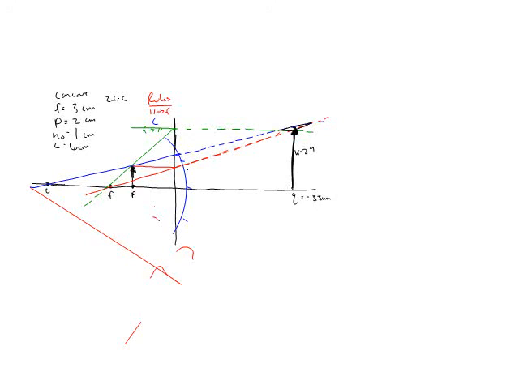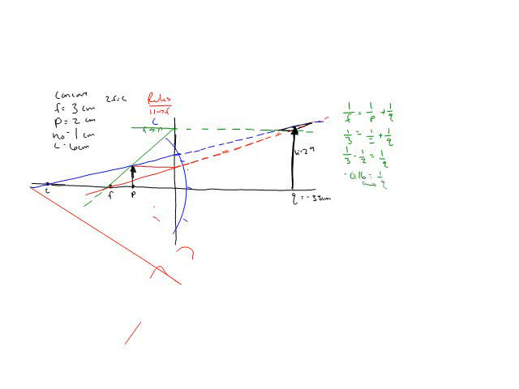Okay, so let's do the math. Let's make sure that we didn't make any mistakes. I'm a little concerned that we might have made a mistake because my area of convergence is so big. It's possible we didn't. Let's just take a look. We have 1 over F equals 1 over P plus 1 over Q, using measured values or calculated values only given. 1 over 3 equals 1 over 2 plus 1 over Q. 1 over 3 minus 1 over 2 equals 1 over Q. 1 over 3 minus 1 over 2 gives me negative 0.16. 1 over Q, flip it.